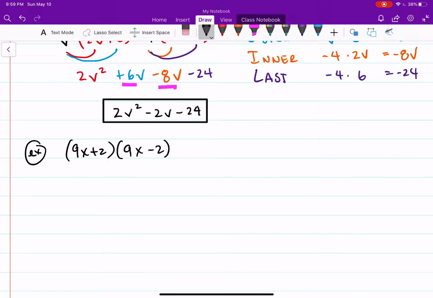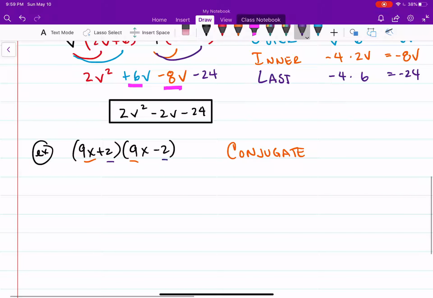The special name for this is called the conjugate, okay? The conjugate, if you notice, has the same terms, but one is subtraction, one is addition, okay? So they're both 9x and 9x, 2 and 2. One's just addition and one is subtraction.